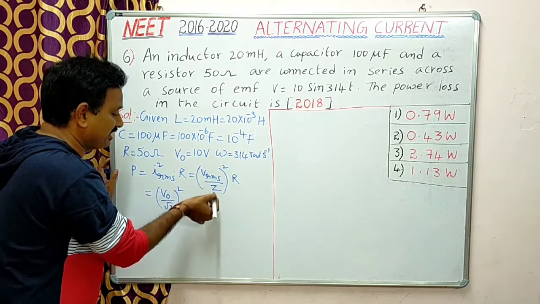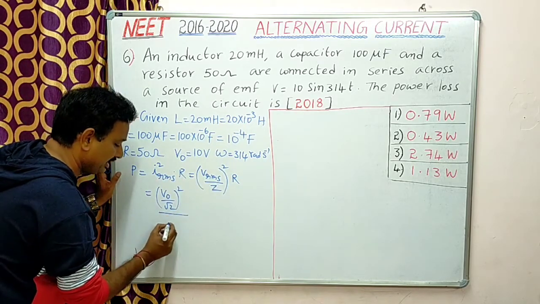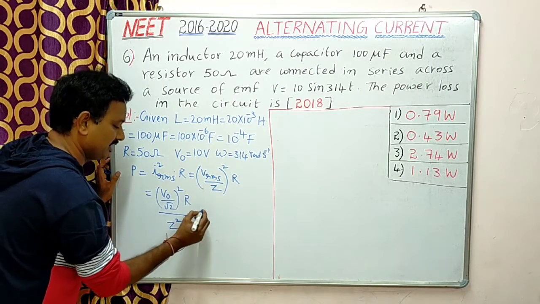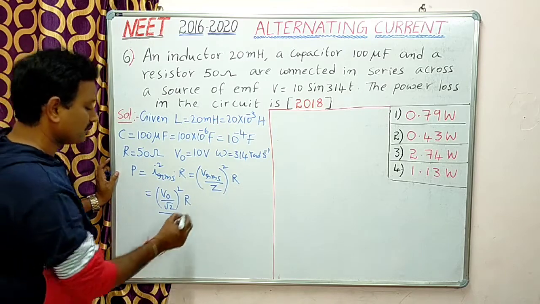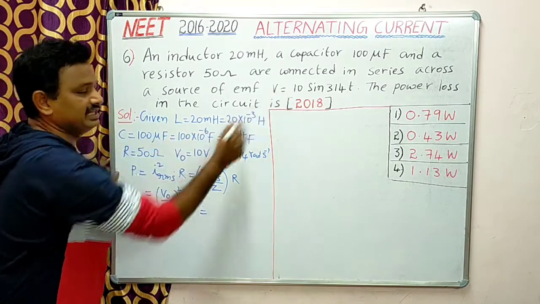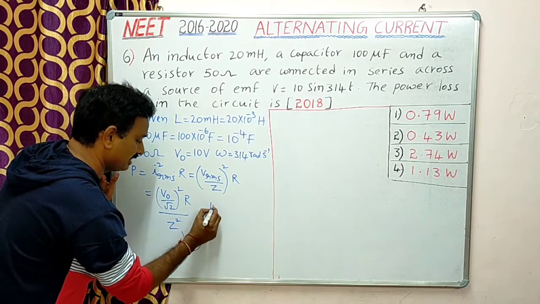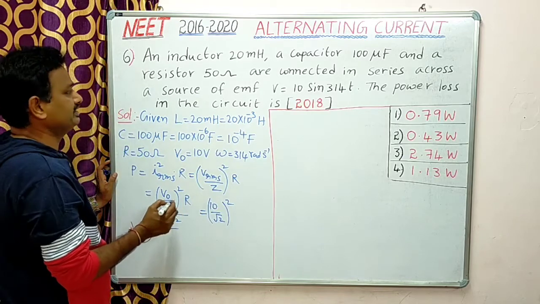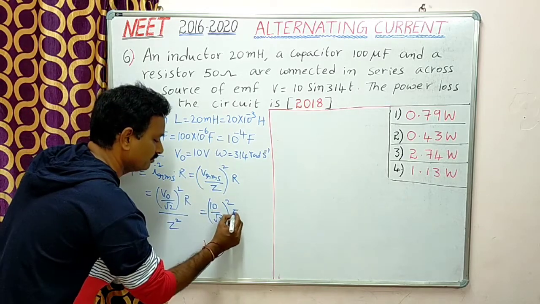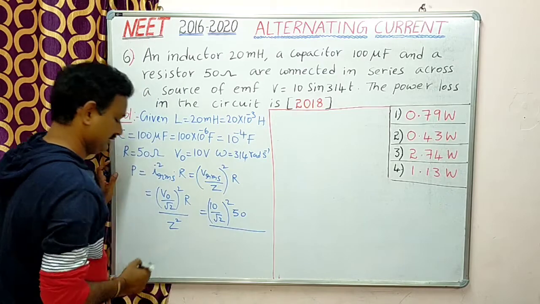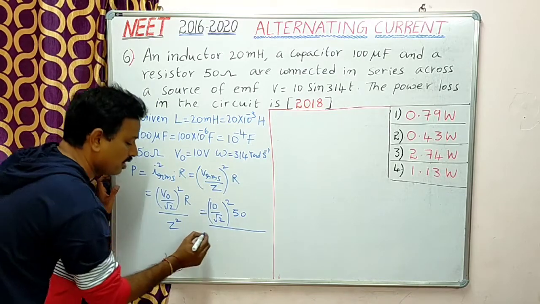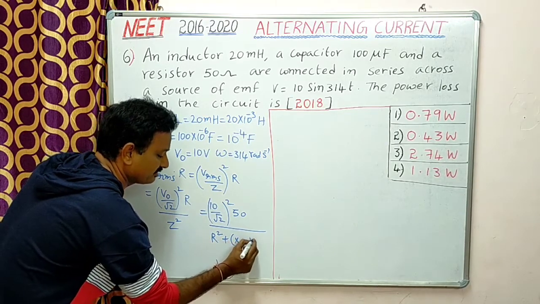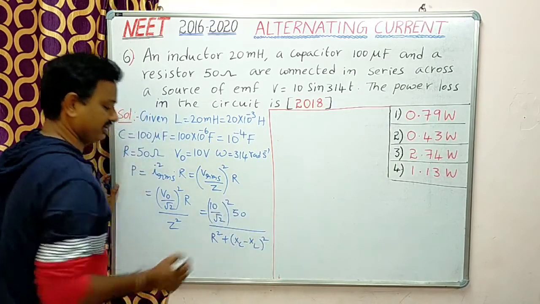Then I will distribute this square to Z, Z square into R. Okay. So here V naught means 10 here. So I will substitute 10. 10 by root 2 whole square. R means 50 ohm. 50 by Z square, I will write R square plus X_C minus X_L whole square.